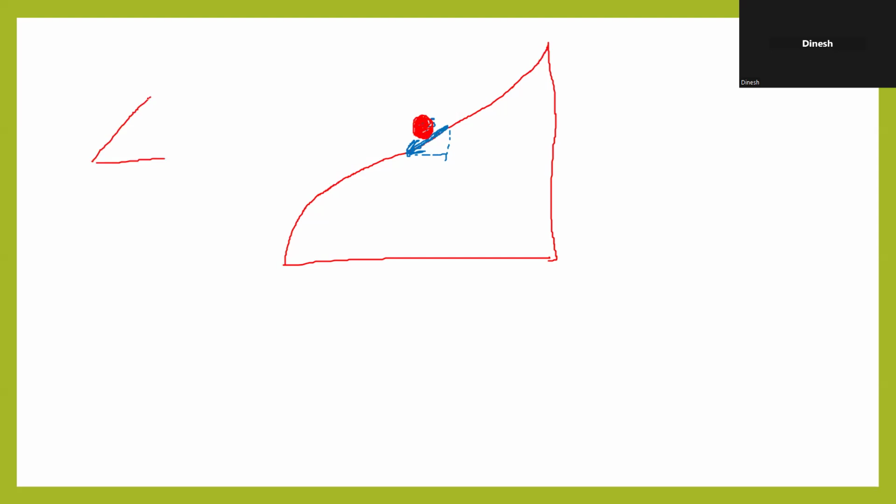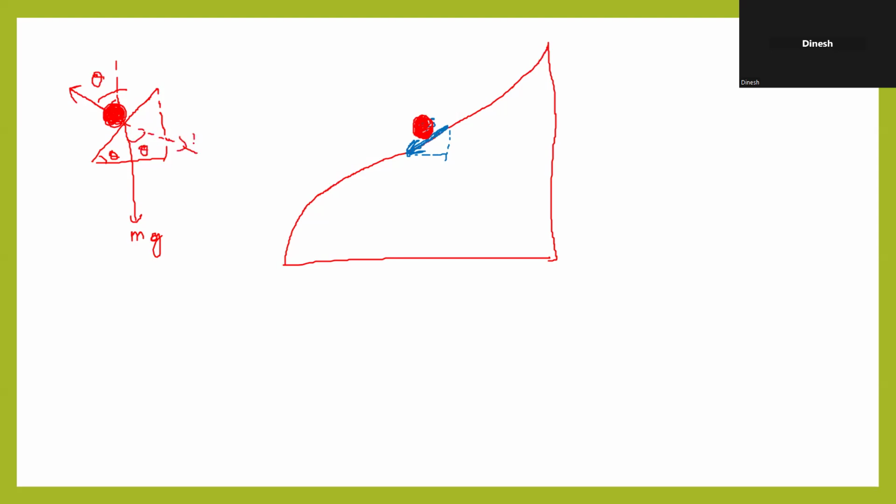Now understand this. If I zoom out, it is ds, the particle is here. Mg will be down. This is theta, normal. It will be theta, this is also theta.